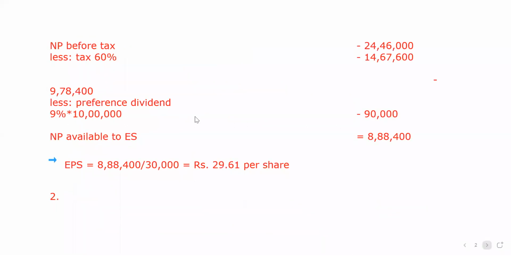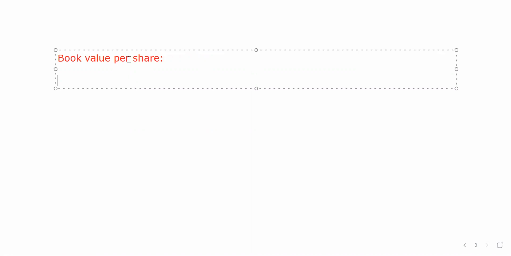Let's see the next page. So book value per share. First we have the net profit available to the equity shareholders that we have already calculated, that is 8,88,400.